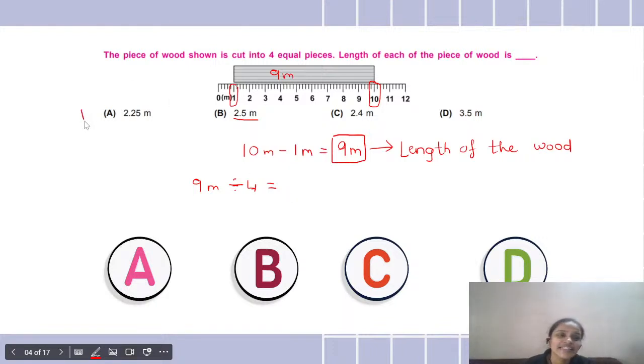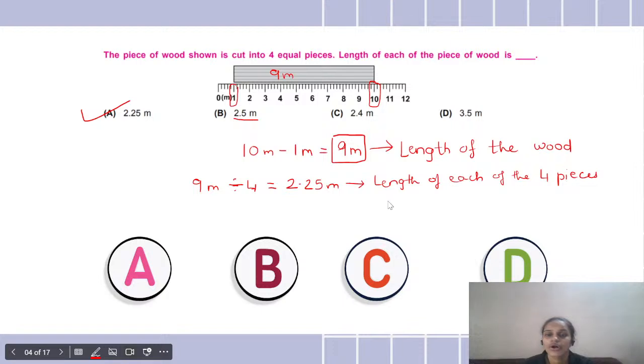My answer is option A, because when I divide 9 by 4 I get 2.25, which is the length of each piece of wood. Length of each of the 4 pieces of wood.